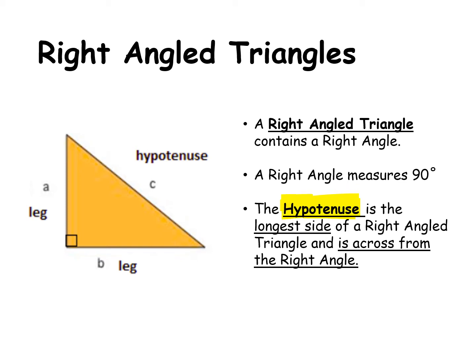Sometimes that can be difficult to spot if there's very little difference between the sides and if the triangle itself has been rotated. Another way to remember where the hypotenuse is: it's across from the right angle. So the side that is across from the right angle is always the hypotenuse.